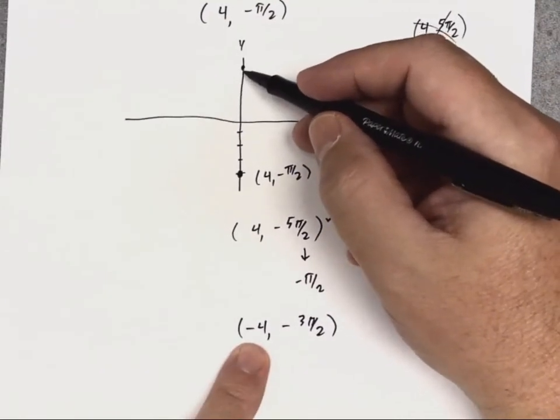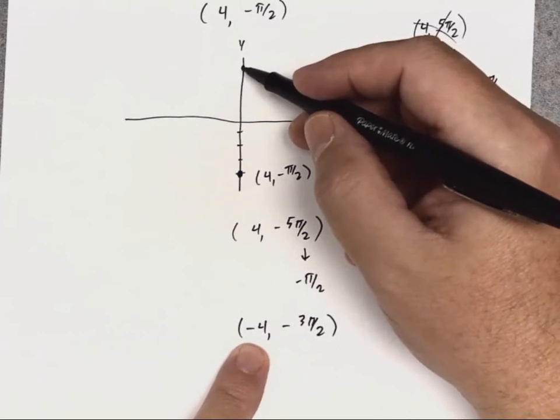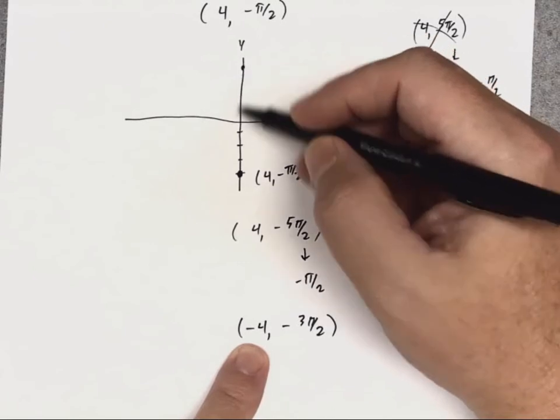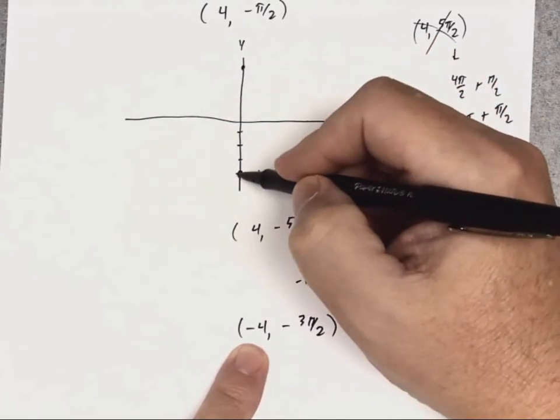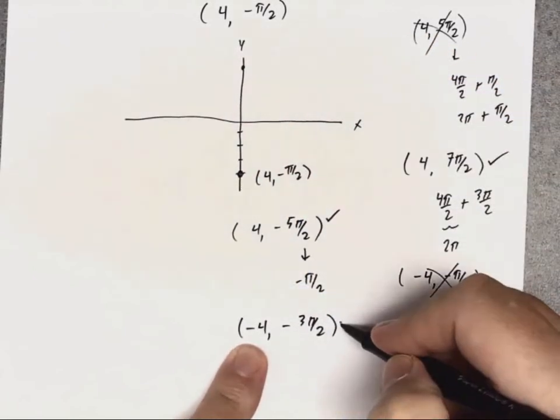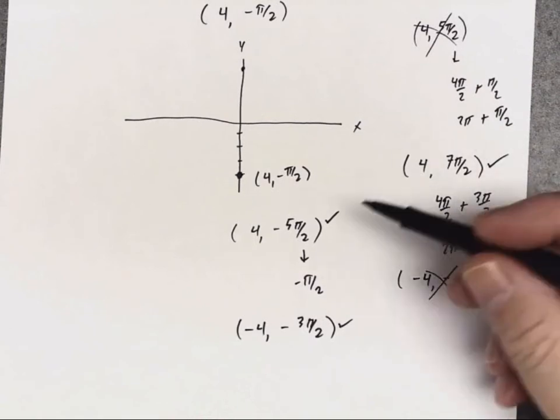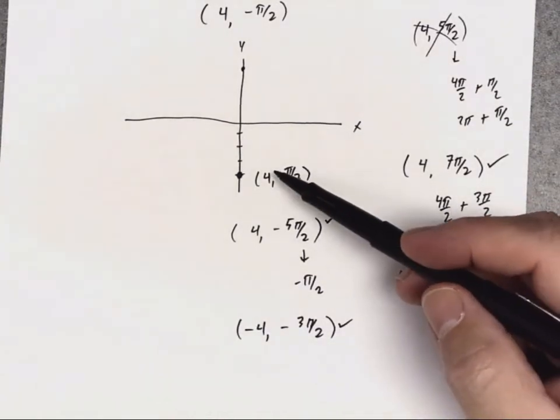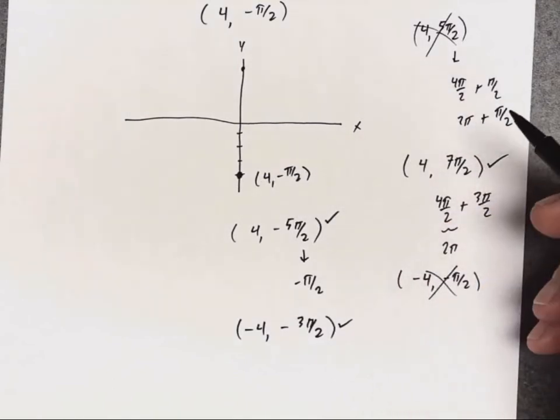But now my distance, or my length, the r, is negative 4, which causes me to go in the opposite direction. So lo and behold, I actually end up at that point. So (negative 4, negative 3 pi over 2) is the same point as (4, negative pi over 2).